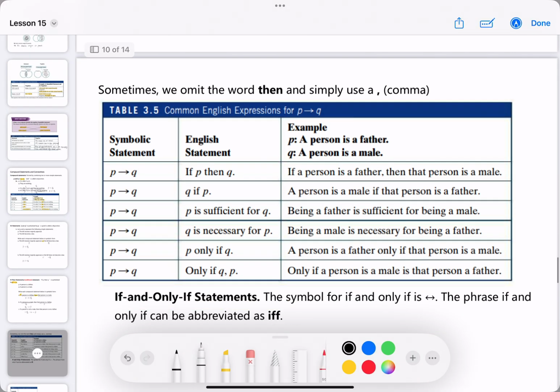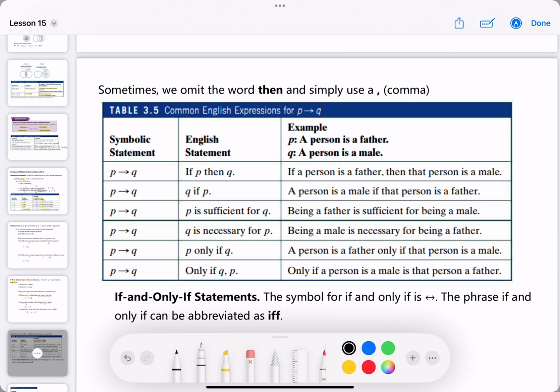Let's see, next part. Sometimes we omit the then and simply use a comma. So sometimes in your English class, the teacher will not ask you to have then. You can use a comma.